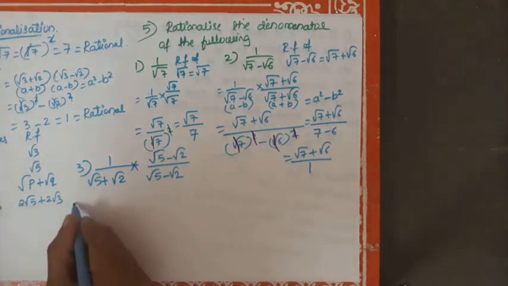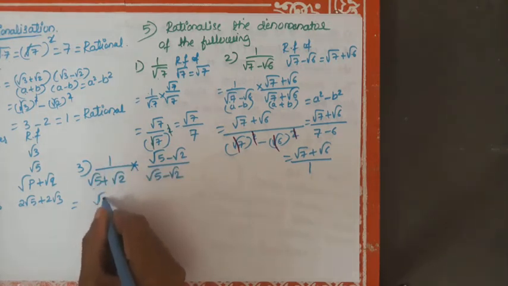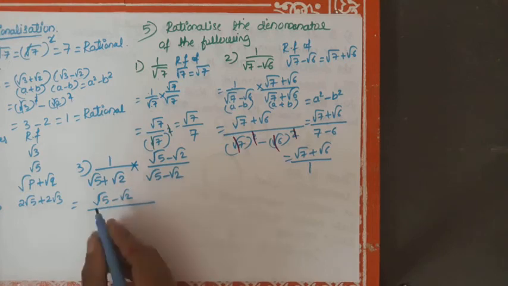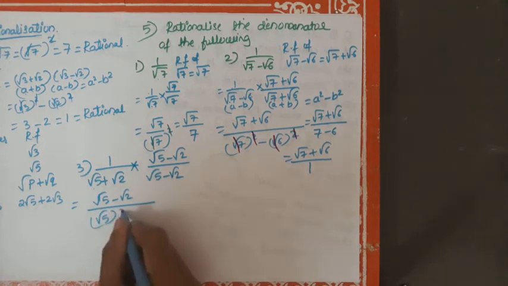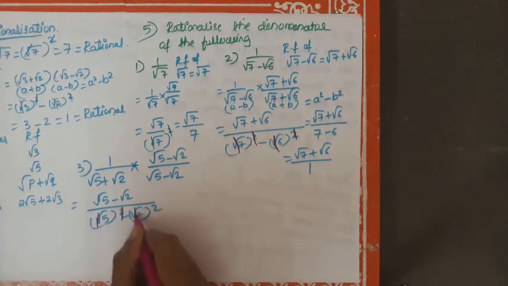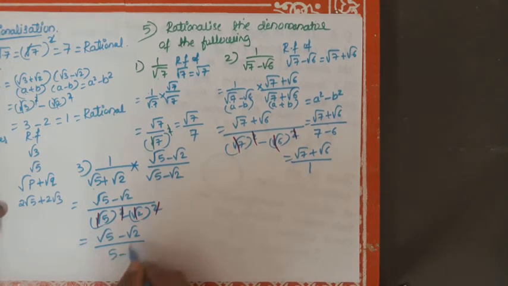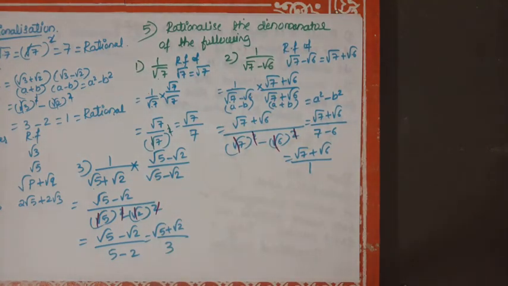Then 1 into the same, divided by (a plus b)(a minus b), that is a square minus b square. Again the square and square root get cancelled. So we have root 5 minus root 2 divided by only 5 minus 2, which is 3. So here the denominator is rationalized.